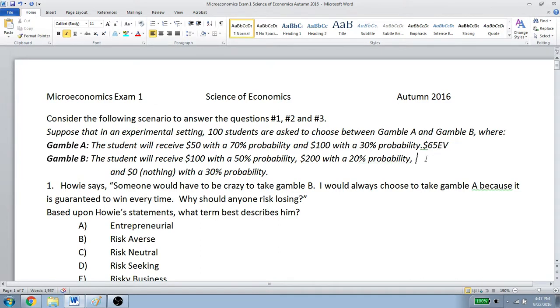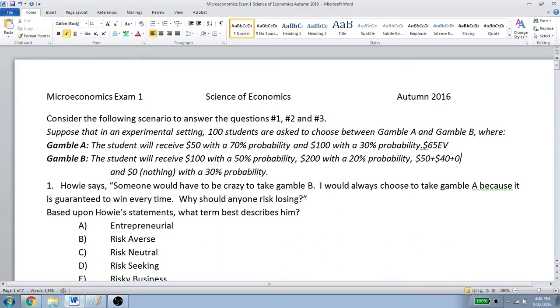Now here, Gamble B is not guaranteed. And Gamble A, you have a guaranteed chance to win something. In Gamble B, you got a 50% chance to win 100, so that's worth 50 bucks, plus a 20% chance of winning $200, and that 20% of $200 is $40, plus a 30% chance of winning nothing, which is 0.